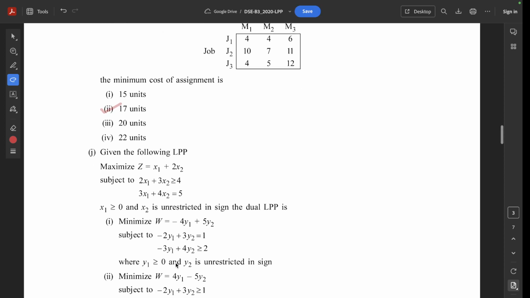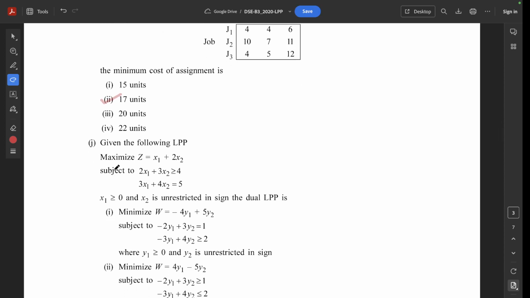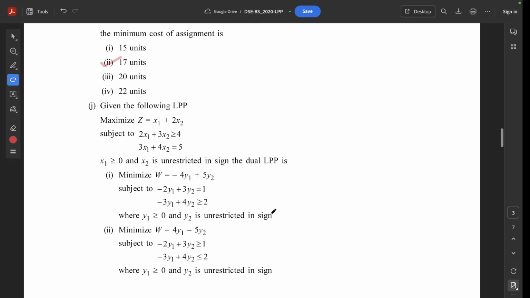Next, last question. The following LPP, a maximizing problem, x1 greater than or equal to 0, x2 is unrestricted in sign. The dual LPP is this.